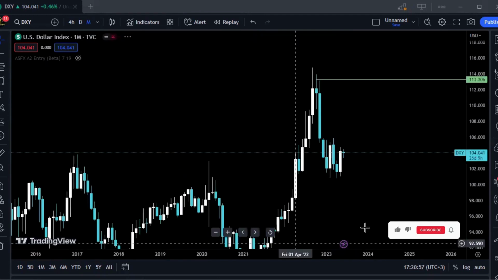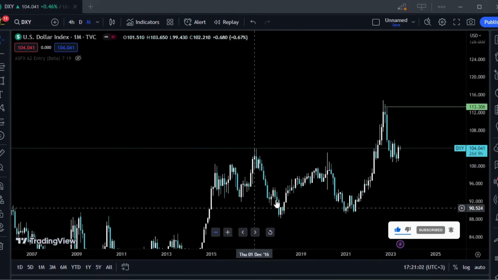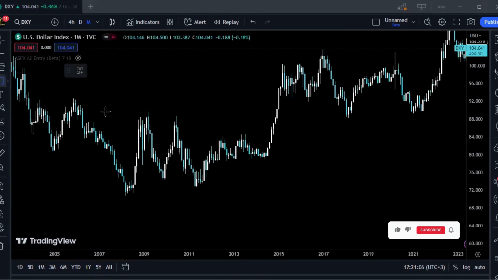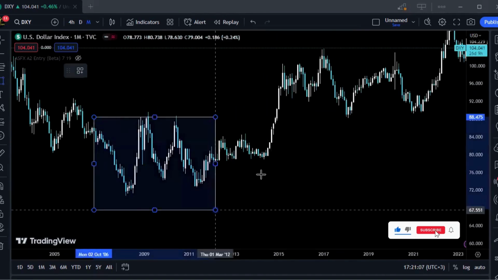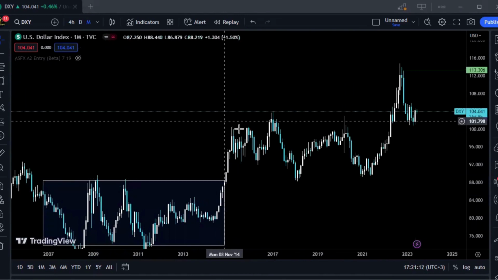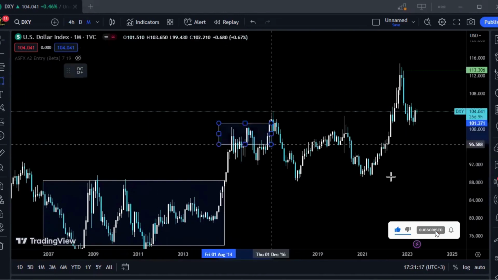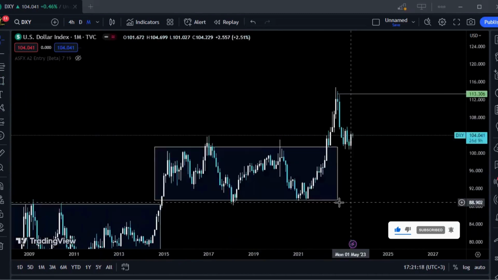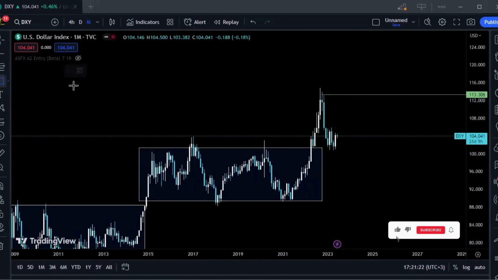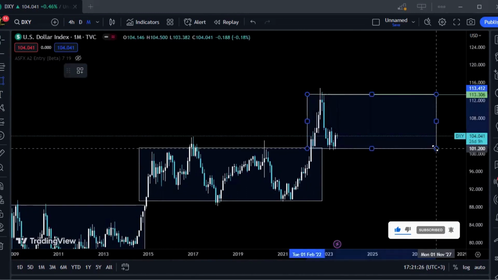If we look at the US dollar's characteristic, when we zoom out, look at this. After every time it creates a structure, it kind of ranges. You see here we had a range, and then it came above here, broke above these highs, and gave us another range. So there's a very high possibility that after breaking above here, we may face some kind of a range before prices keep on pushing higher.